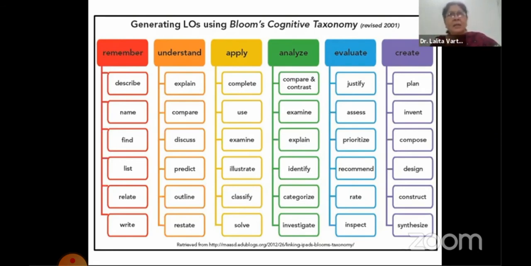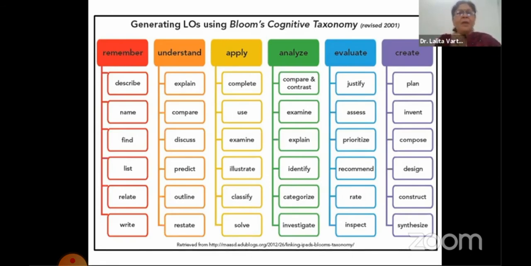If we look at the highest level, the creating level, we use verbs like plan, invent, compose, design, construct, synthesize. So you will realize that right from the lowest level, we can have questions up to the highest level of thinking. The entire Bloom's taxonomy focuses on this particular aspect of taking our students from the lower level of thinking to the highest level of thinking.